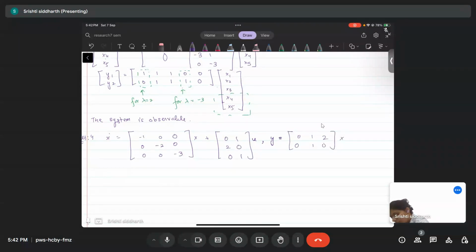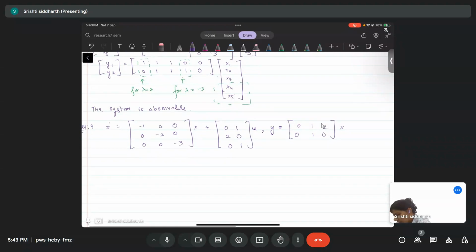Okay, so this is a multi-output system, and the question is, what can we say about observability without making any further calculations?